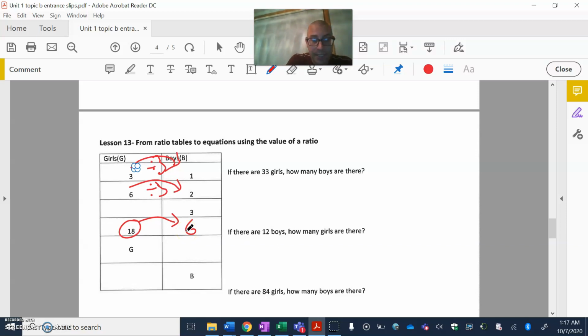So let's come down to this letter that's here. All right, the letter says, I don't know how many there are, but if I did know, I'll tell you what to do. And like we've gone over, to get from the girl side to the boy side every single time you divide by 3. Now, I can put that down, but I do need to watch for some of my math manners here. So a few things. First of all, for your division symbol, we use the fraction bar.